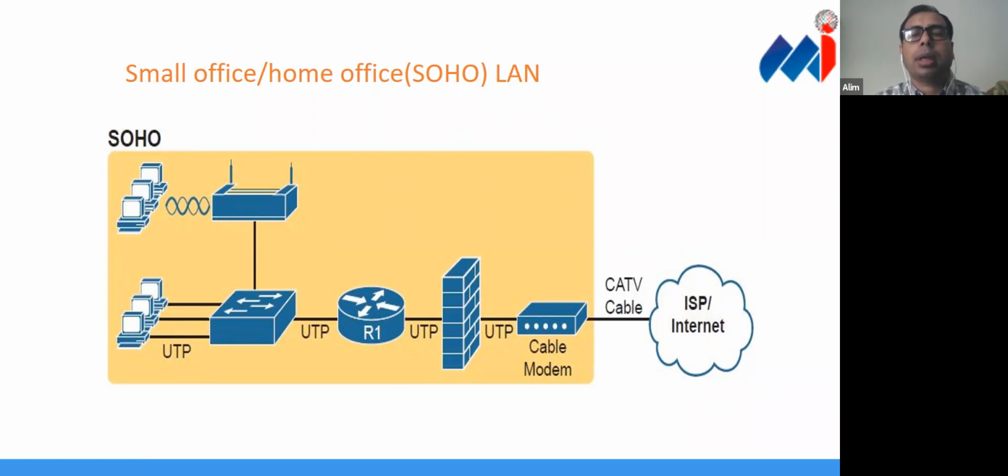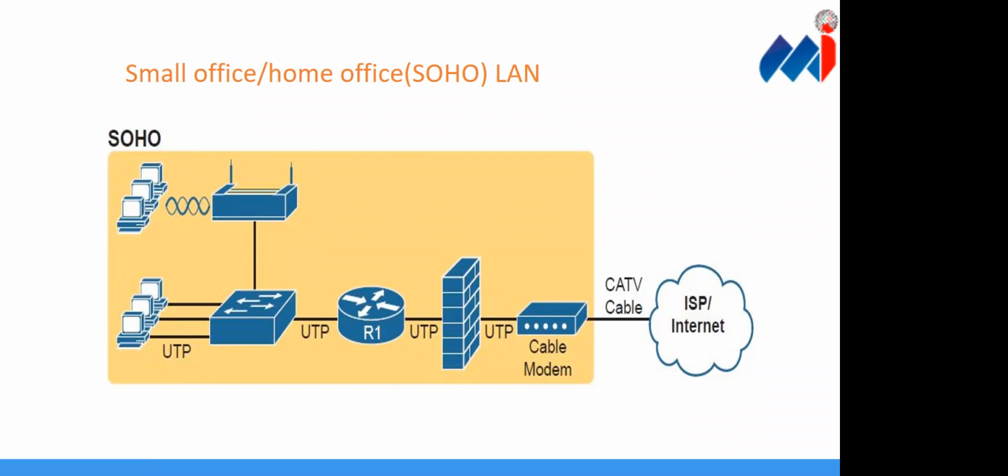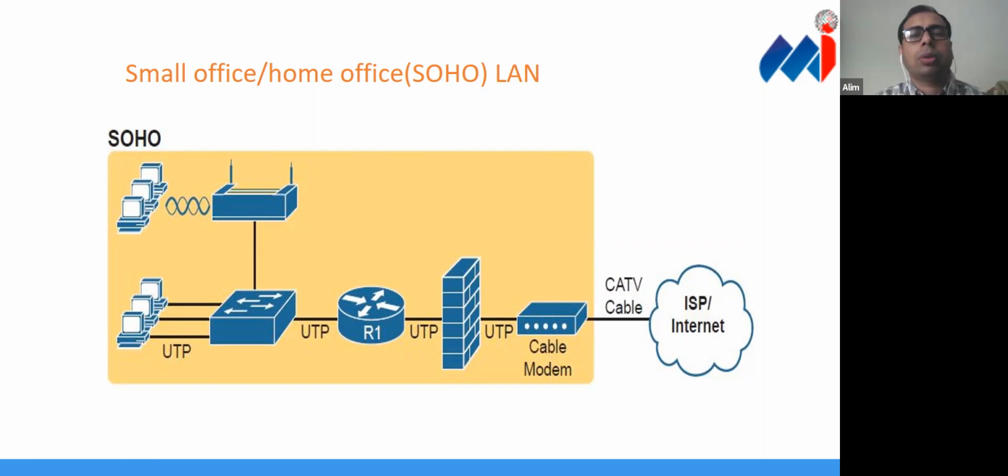We have a LAN connection for our home, and also if you are working in a small business or your own business, which is very small at the beginning, in that case, you will establish a very simple network or LAN. It is very simple. We are familiar with this type of network.